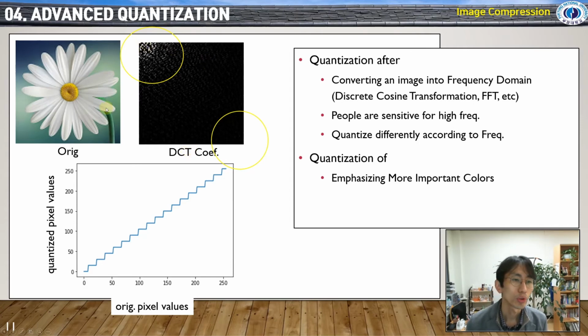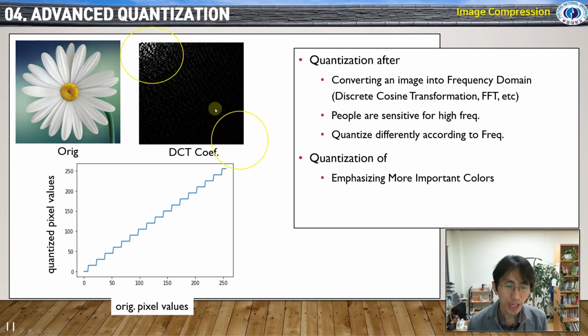When you convert the original image into the DCT coefficient image, the information has been divided. The high frequency information is moved into the left upper part, and the lower frequency information is moved into the right bottom part.